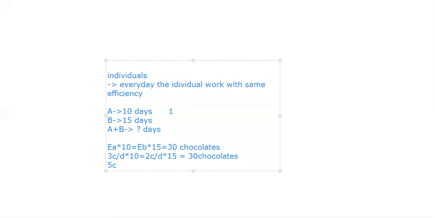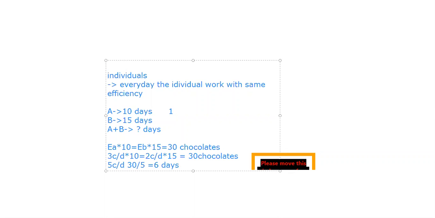So if they eat 5 chocolates a day, in how many days will they complete 30 chocolates? 30 upon 5, which is 6 days.